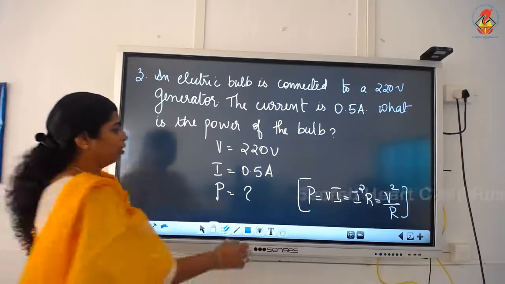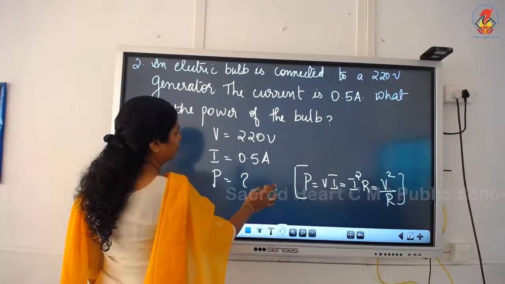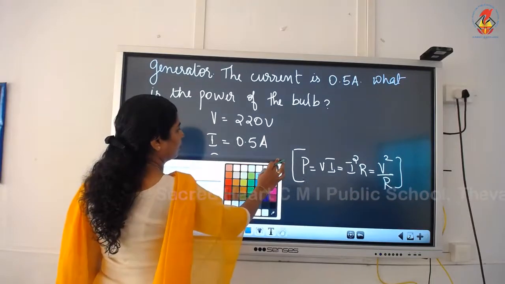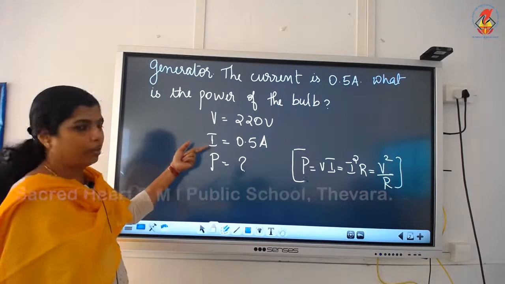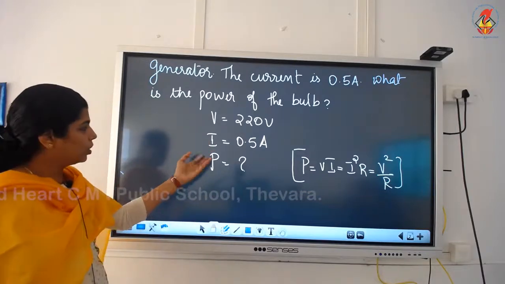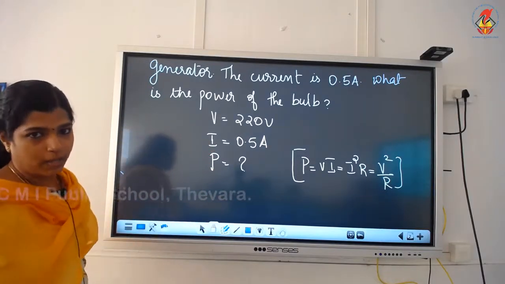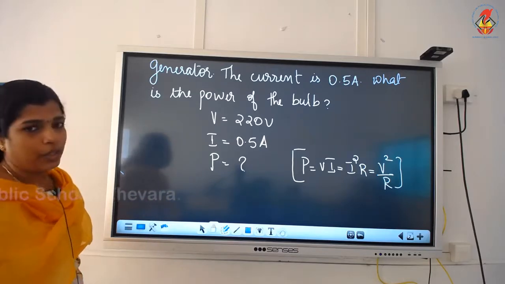So here to calculate the power, VI we can select because V and I is already given in the question. So you can directly substitute in the equation and find the answer.